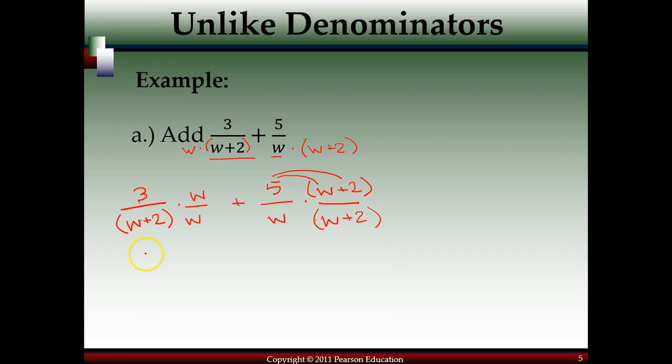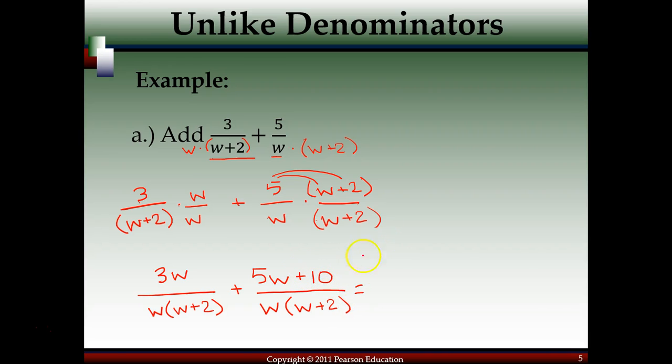Okay, so 3 times w, multiplying straight across, get 3w over w times w plus 2 plus, and then I'm going to distribute that 5. It's 5w plus 10 all over, now, the same denominator, w times w plus 2.